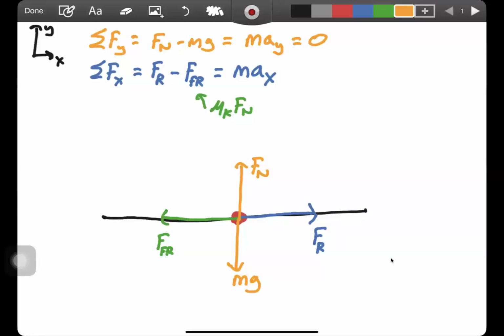And so if that's the case, because a was zero, then I can say that the normal force is equal to mg. All right. And so this term right here goes right there.